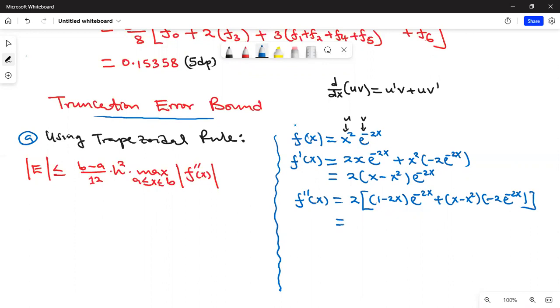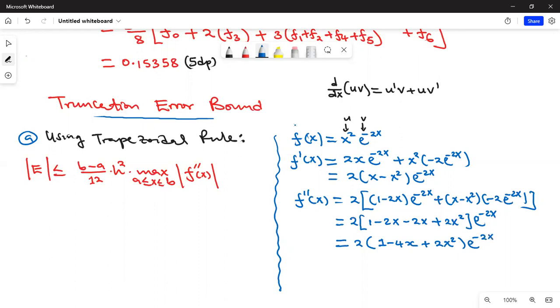And this can as well be written as 2 into (1 minus 2x minus another 2x plus 2x squared) exponential negative 2x, or 2 into (1 minus 4x plus 2x squared) exponential negative 2x.